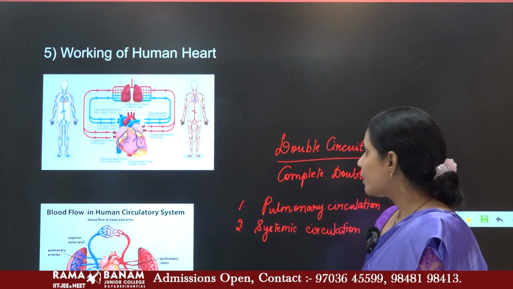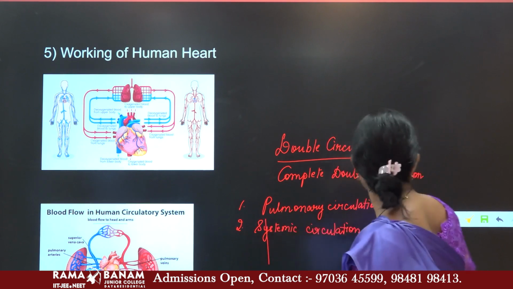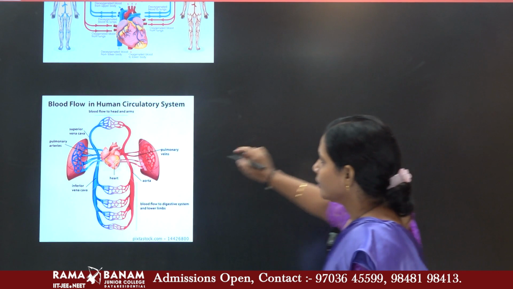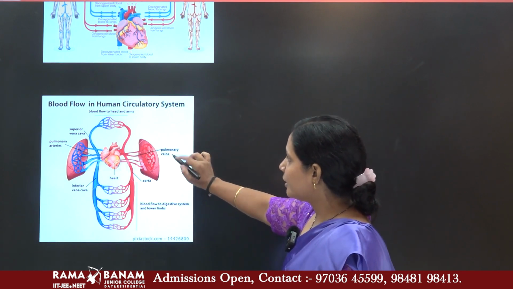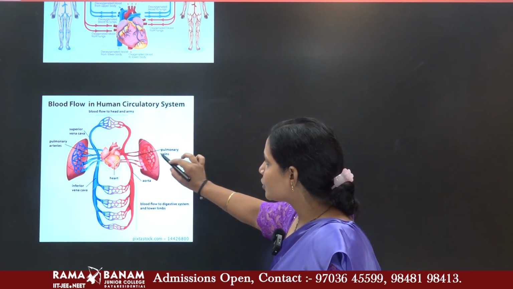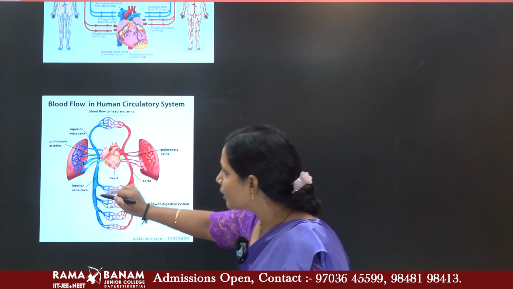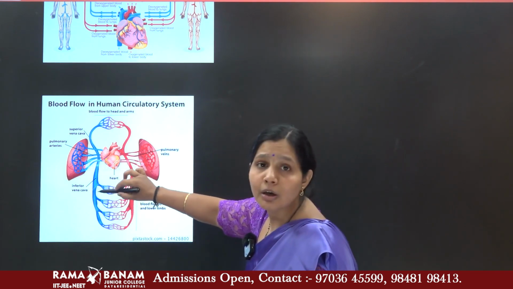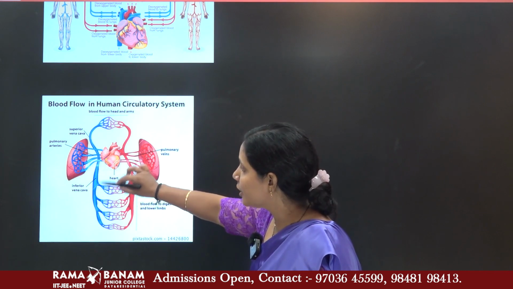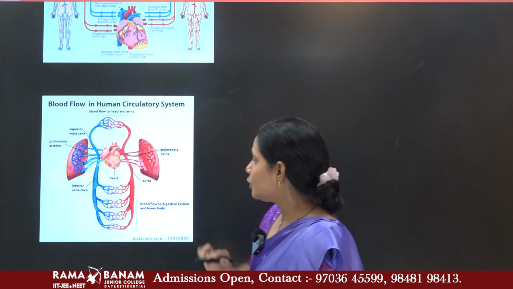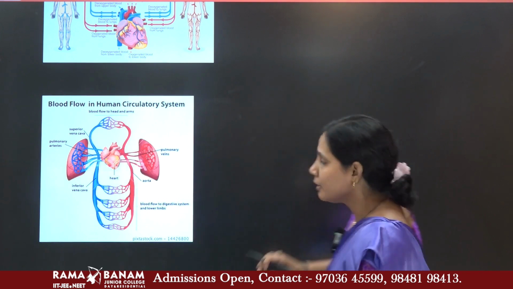Is that clear? Right. So here you can see clearly the pulmonary veins which are carrying the oxygenated blood, the aorta, and then the inferior vena cava enhancing the deoxygenated blood collection, the pulmonary arteries and the superior vena cava, right?